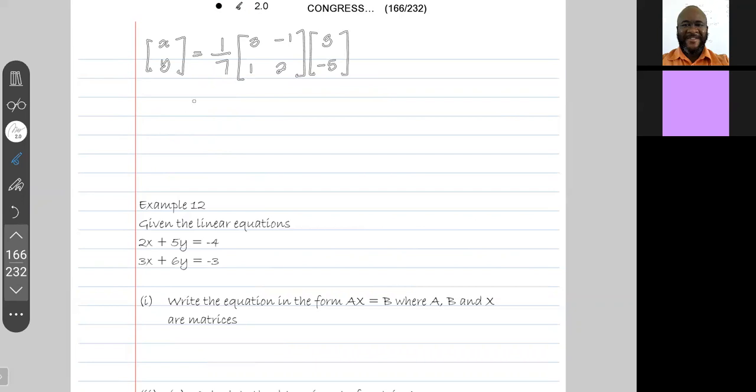All right, so let's multiply the two matrices. So I put back the fraction 1/7. First element in the row times the first element in the column. So that is 3 times 3, which is 9. Second element in the row times the second element in the column, minus 1 times minus 5 is positive 5.